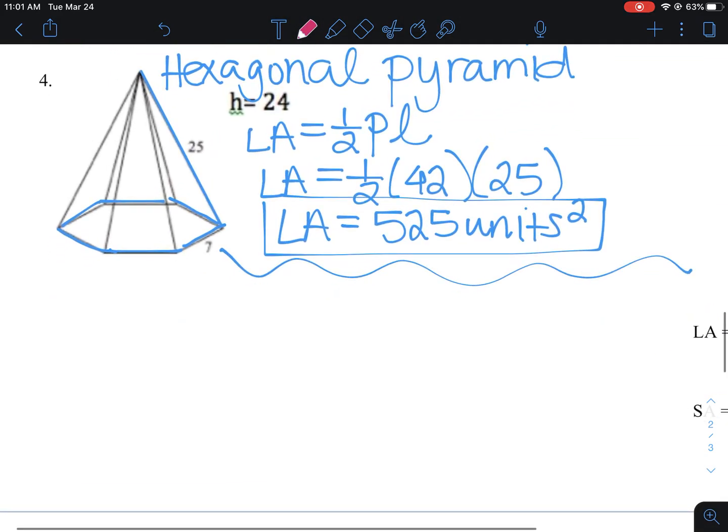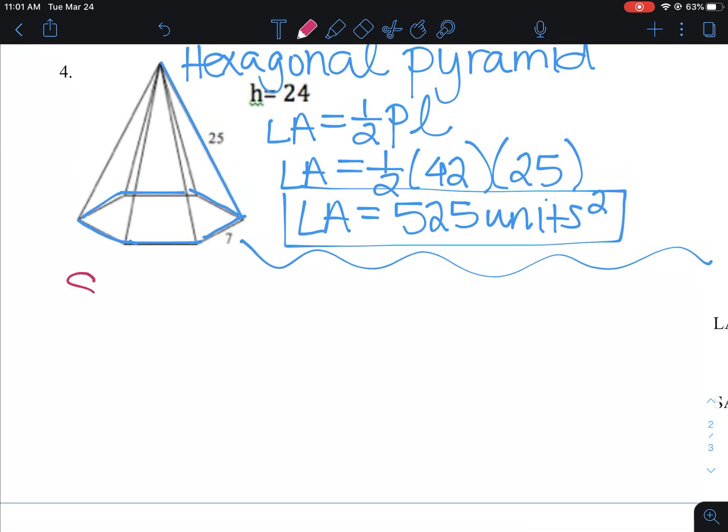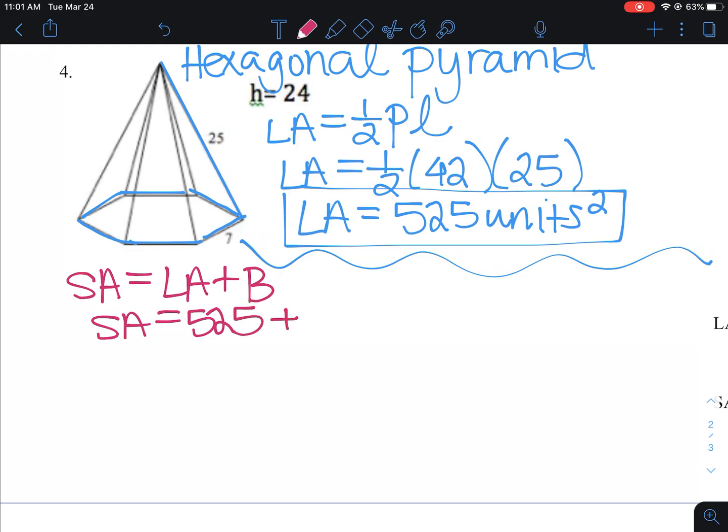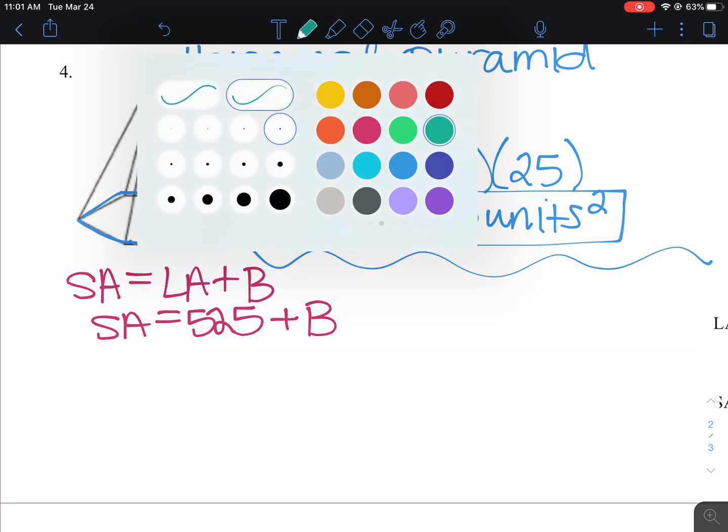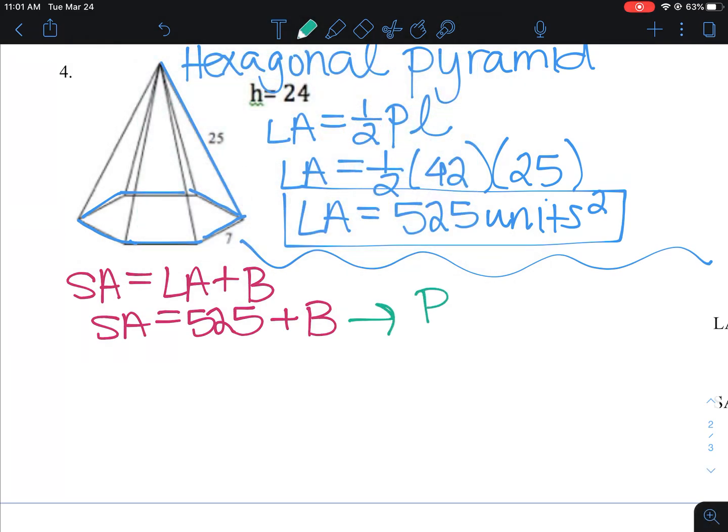And then lastly, let's do the surface area for this. It's the lateral area plus the area of the base. So that is 525. Let me just leave it as B for now because I want to show you the work for this one. The area of this base, hopefully you remember the area of the hexagon.